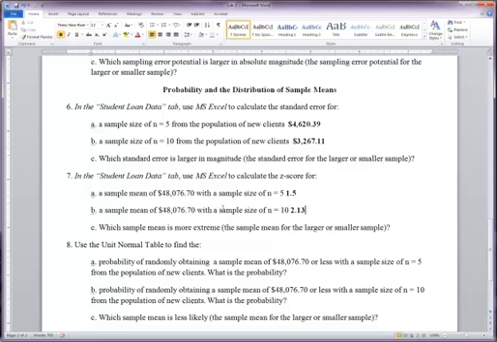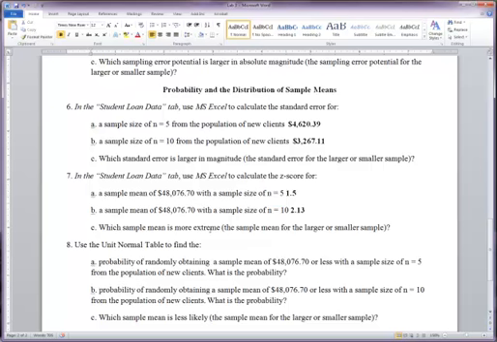And this is a more extreme result with a larger sample because it's different from the population mean, and we don't expect the sample mean to be that different from the population mean with larger samples. So this is a more extreme situation. Whereas here, with a smaller sample, it's really not that extreme because, of course, we would expect to see differences between the sample mean and the population mean.